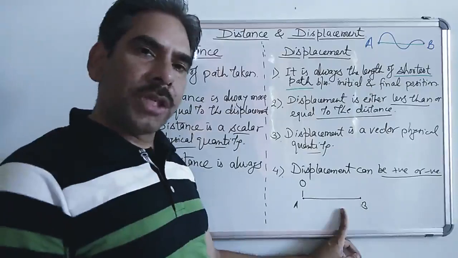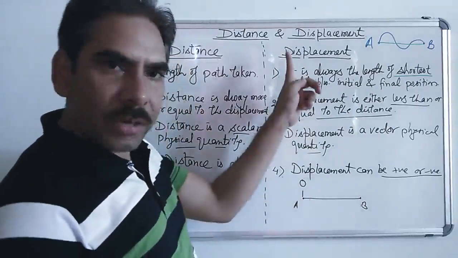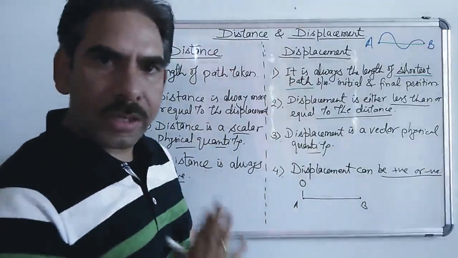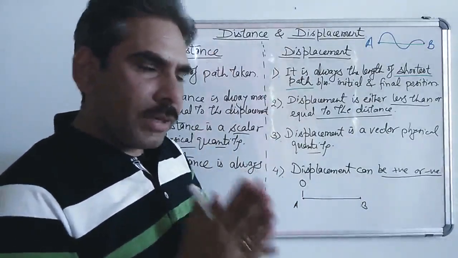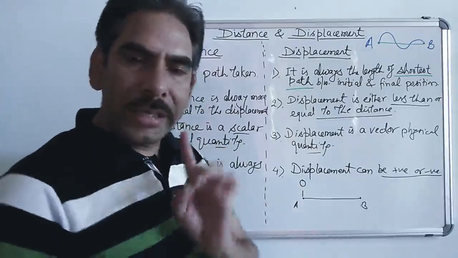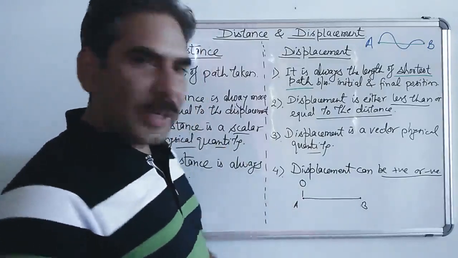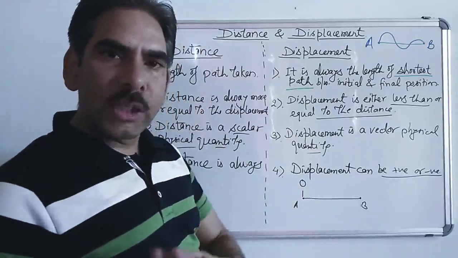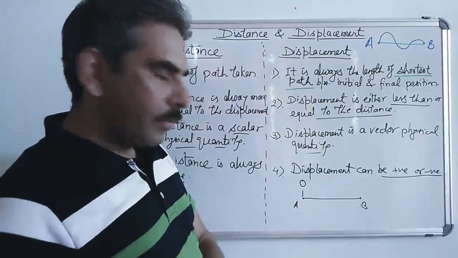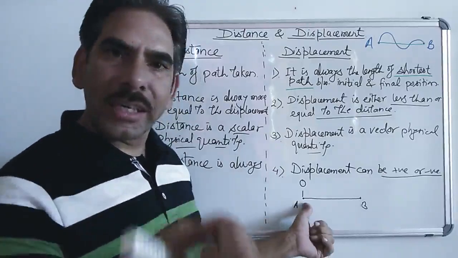We take it to be positive. It may be right, left, upward, downward, forward or reverse. In whatever direction the journey starts at first, we take it to be positive. So displacement takes a positive or negative value depending upon to which side of the initial position the journey has completed.